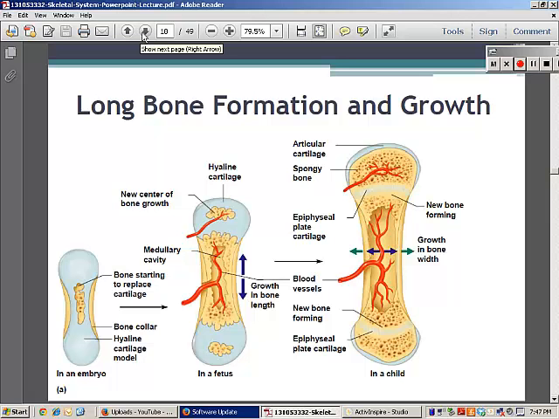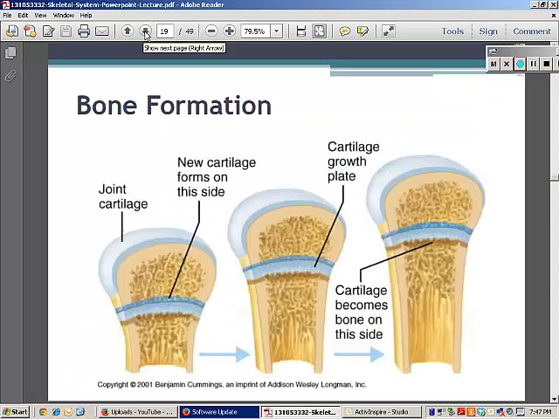That's where you see how children shot up over the summer. That's because of those epiphyseal plates and the growth that's happening. So you see it here. I zoom in on that epiphyseal plate, and you'll notice that first what forms is a new layer of cartilage, and eventually that cartilage will become ossified, and that's when you get that new layer of bone, and you'll just continue to grow in length from there.